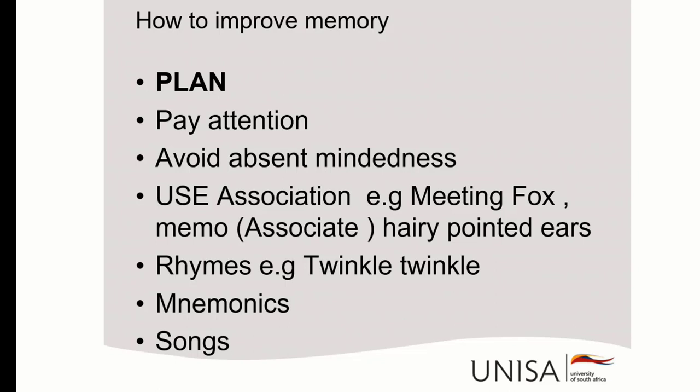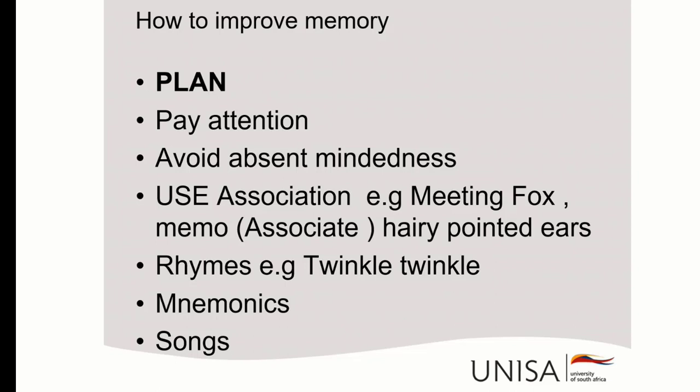For instance, you are studying something, you can use association, meaning I'm struggling to understand this concept in this chapter. But for instance, I give an example. You meet somebody, their name is Fox. For you to be able to remember their name, you would say, oh, they say they are Fox, or I associate this with this animal that has fur and also has sharp pointed ears.